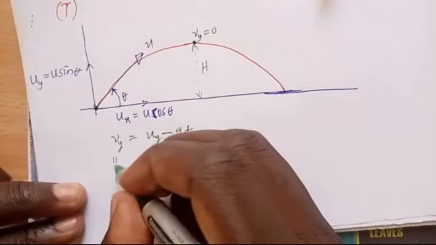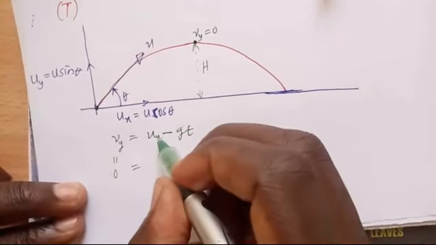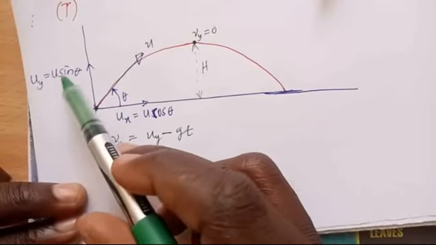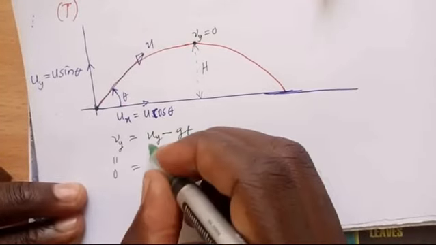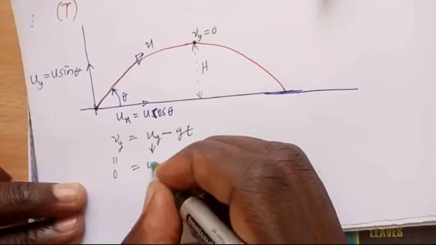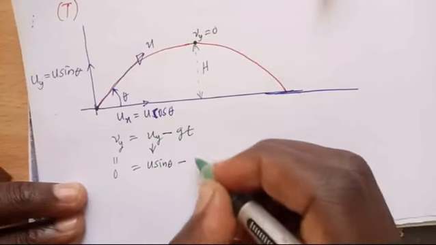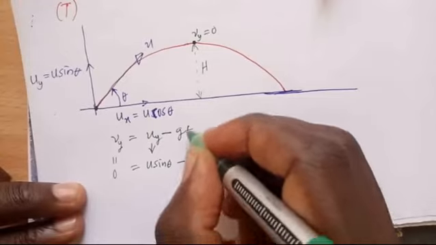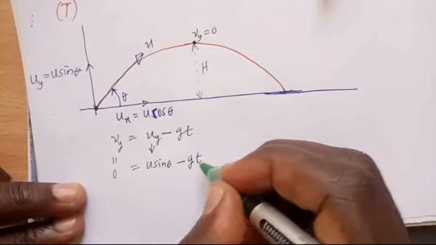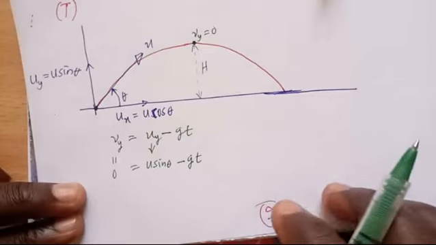So our v here is 0, is equal to our u sub y. Look at our u sub y, u sine theta. So this becomes u sine theta minus g, this is gravitational acceleration, t, and this t is the time taken to reach this maximum height.